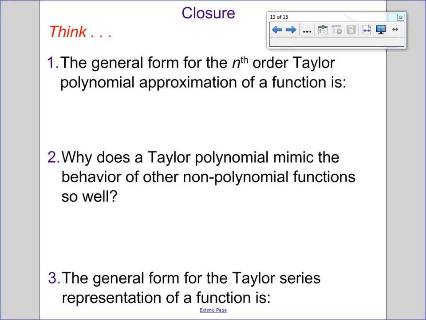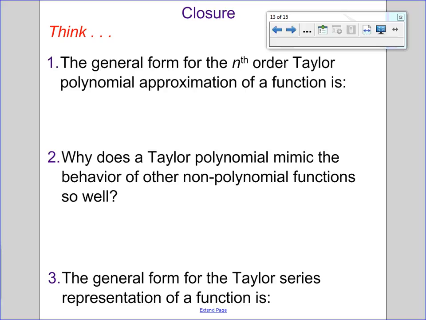In fact, transcendental functions like sine of x, e to the x, cosine of x. What is it about that Taylor polynomial that makes it do such a good job mimicking the behavior? And lastly, the general form for the Taylor series representation of a function is. Please have a written response for each of these and be ready to share. I'm going to pause the recording to give you a chance to write those down, and then I'll resume the recording for our sharing.